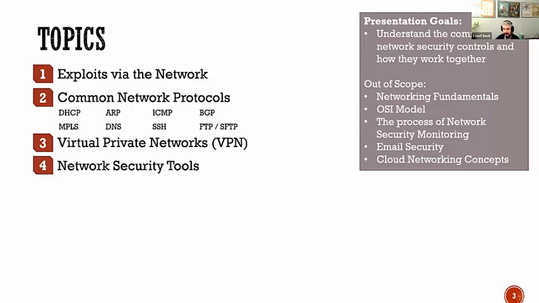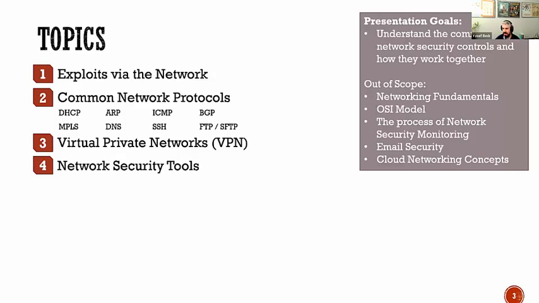What I'm not going to go over, but had originally planned to, is because this is probably too long as it is, but we're going to get through as much as we can. We're not going to dig into networking fundamentals. We're going to focus on the security aspects. I'm not going to talk about the OSI model, although I do feel that it is a very good fundamental way to view the network. We're not going to talk about how to do network security monitoring.